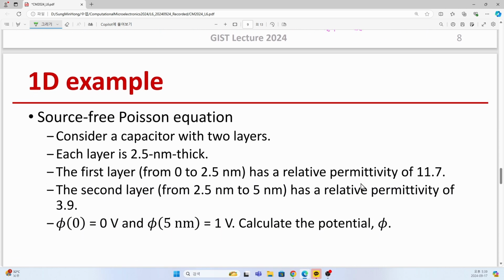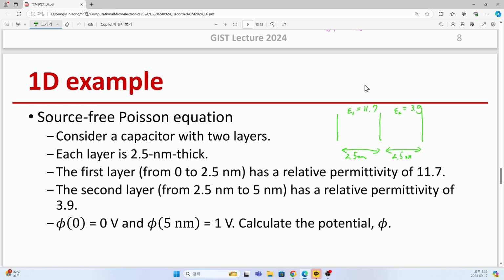So let's consider a simple one-dimensional example. Consider a capacitor with 2 layers. One is 2.5 nanometer thick, and another one is also 2.5 nanometer thick, and epsilon, the relative one, is 11.7, and another one corresponds to 3.9.